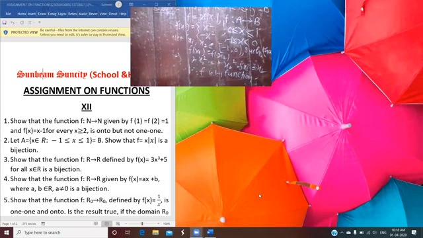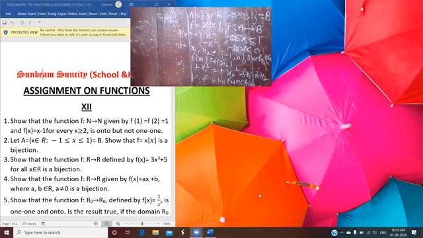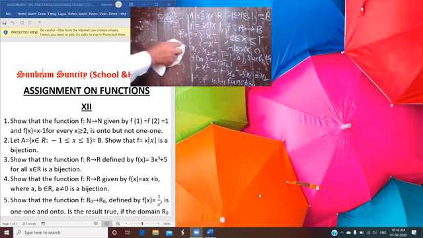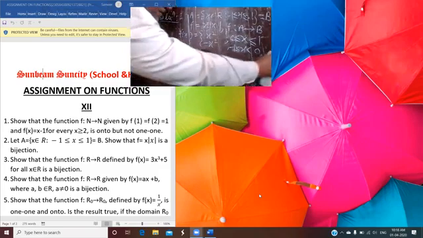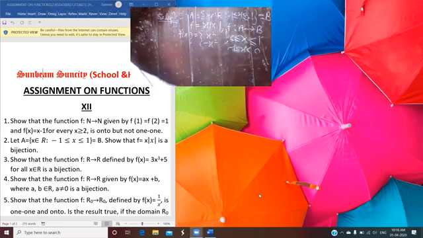Now its second part is onto function. For onto function, here you adopt the second method because it makes it easy. Here you try to find the range of the function, and range can be very easily obtained from here.